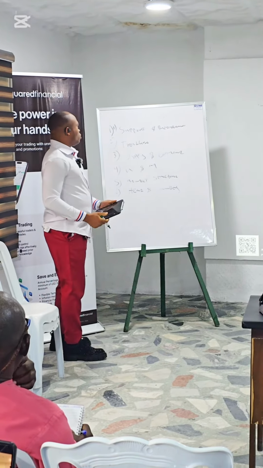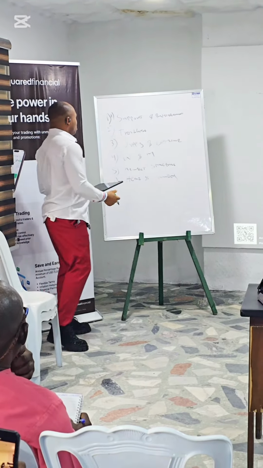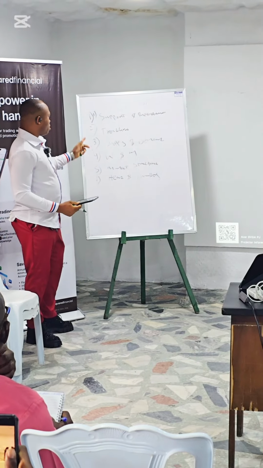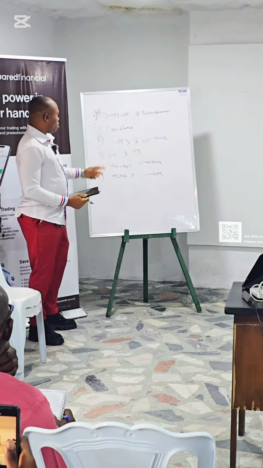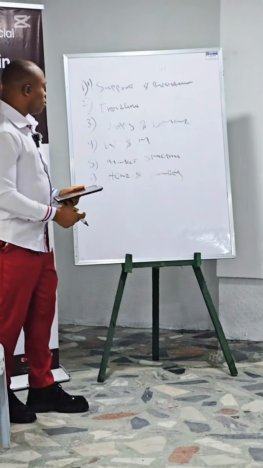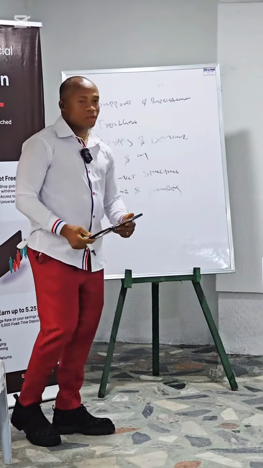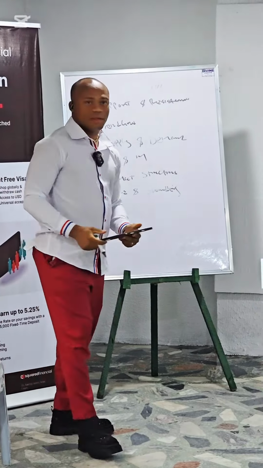So what I write here is support and resistance, trendline, supply and demand, W and M, then market structure and head and shoulder. Now what is support and what is resistance? Like I said, these things are the foundation of most strategies.